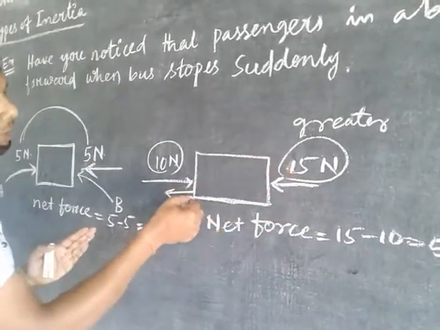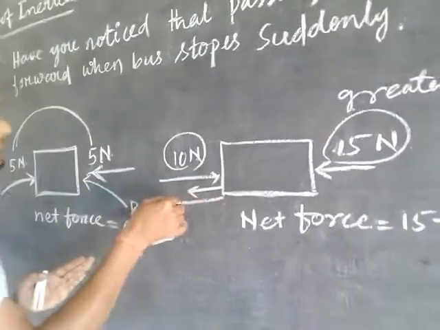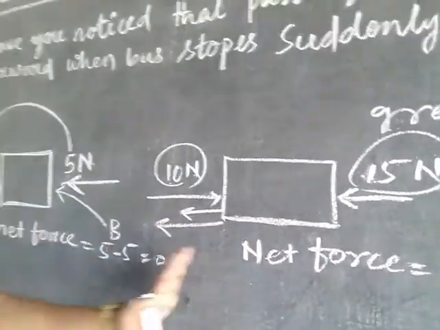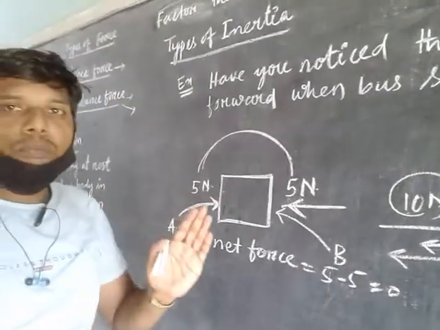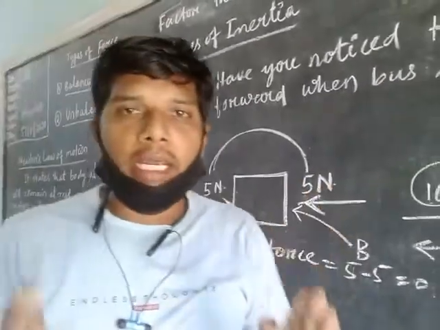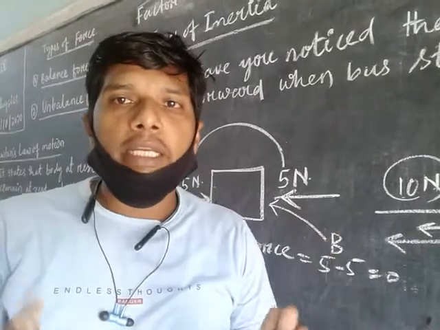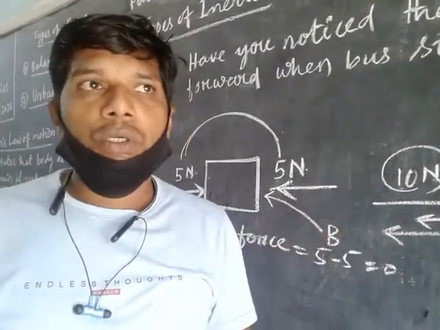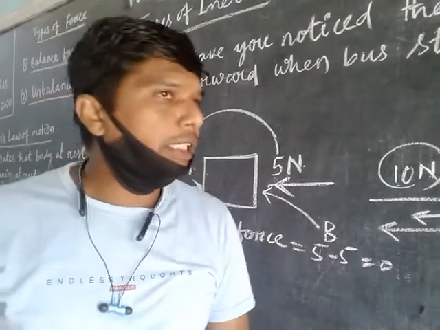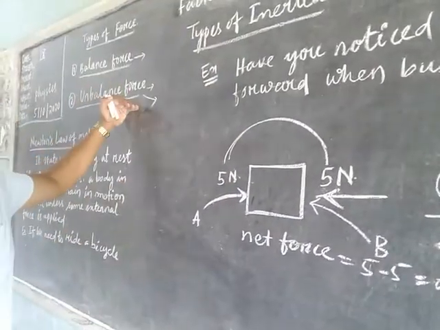Because this is the greater force, this body will move in this direction. So this is known as unbalanced force. That means when unequal forces are applied to a body in opposite directions, then the body will move towards the greater force. That is known as unbalanced force.